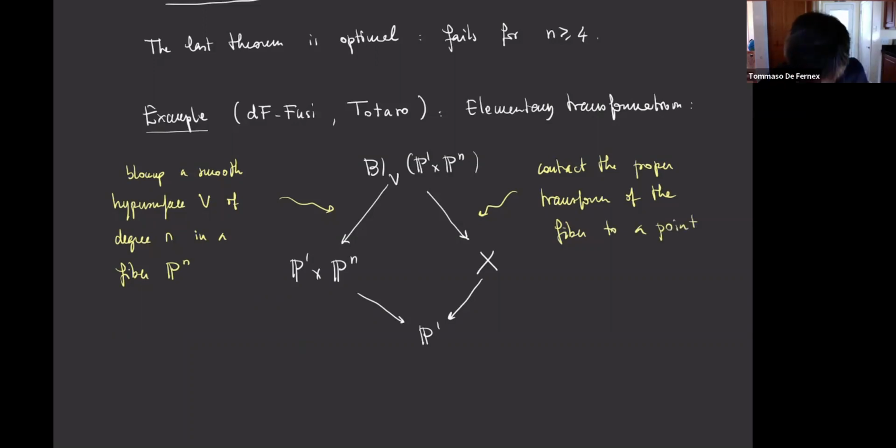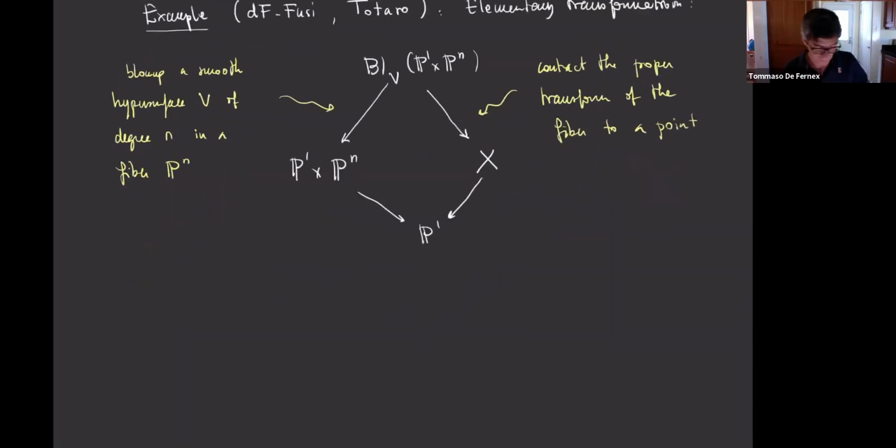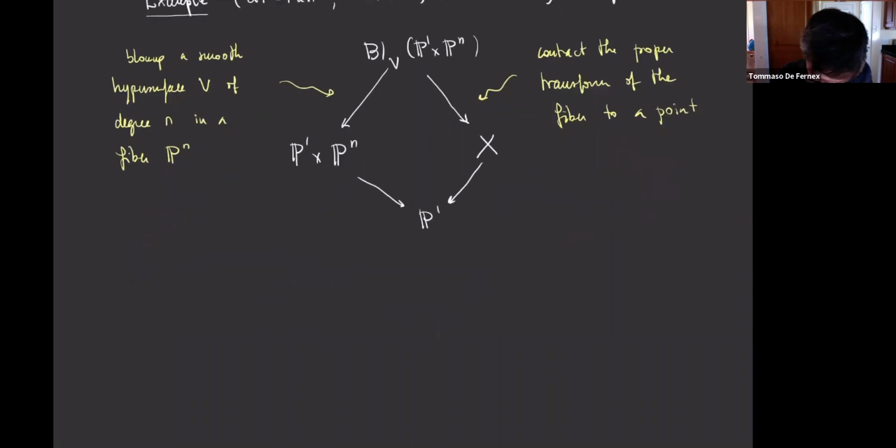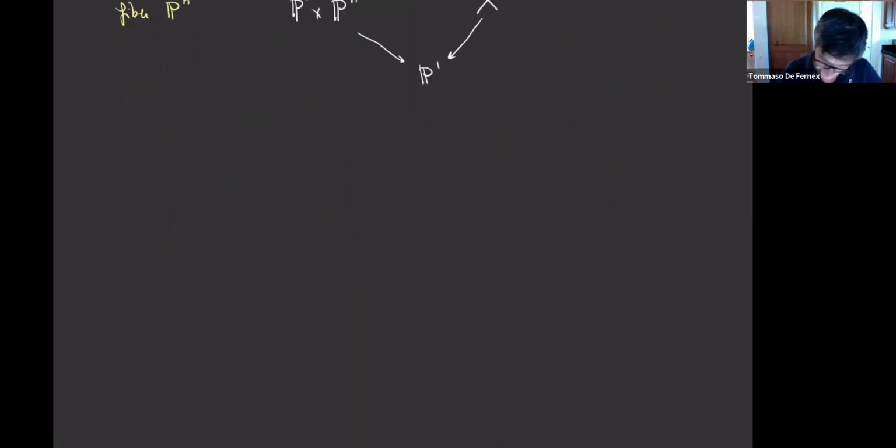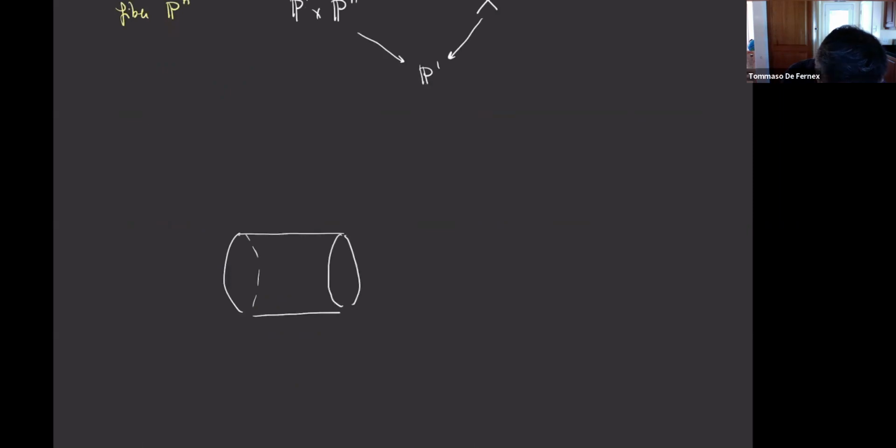Okay, so let's see what happens here. So I'm going to draw now the same diagram, drawing the pictures of what we have. Okay, so on this side, I have a fibration in projective spaces. So all the fibers are projective spaces. And I look at the central fiber here.